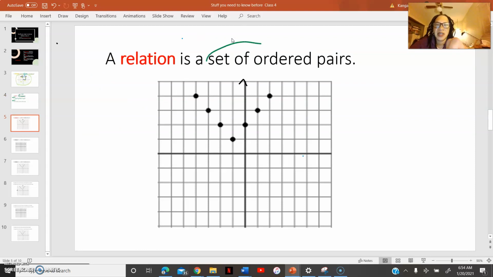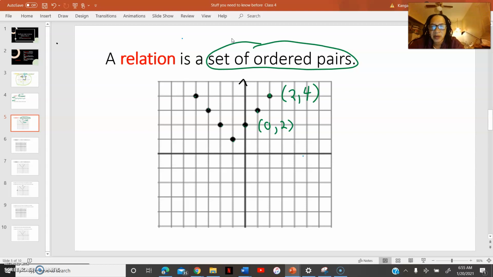So how is this a set of ordered pairs? Well, you know why. These are all locations. And what about each of these locations? Each of these locations represents an ordered pair. For instance, this location right here is the ordered pair 2, 4. Or this location right here is the ordered pair 0, left or right, but then up 2.